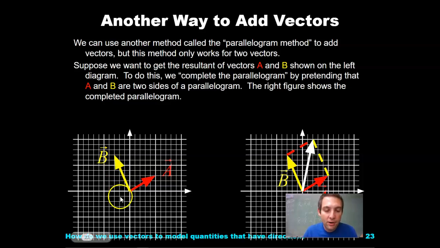All right, parallelogram method. We're going to start with both the vectors starting from the origin. You draw them correctly, and then you complete the parallelogram. Remember, parallelogram means we're going to have a parallel right here, and then a parallel right here. Parallel to A and parallel to B. And the resultant is going to go to the corner of the parallelogram.